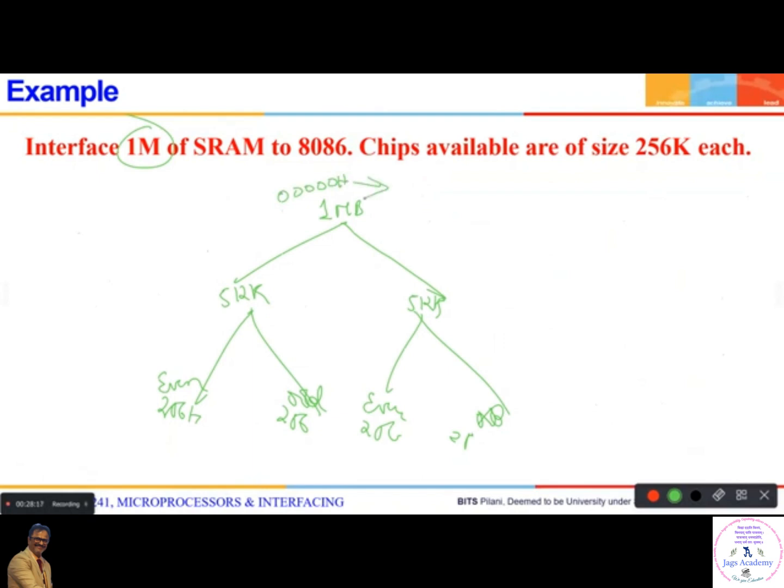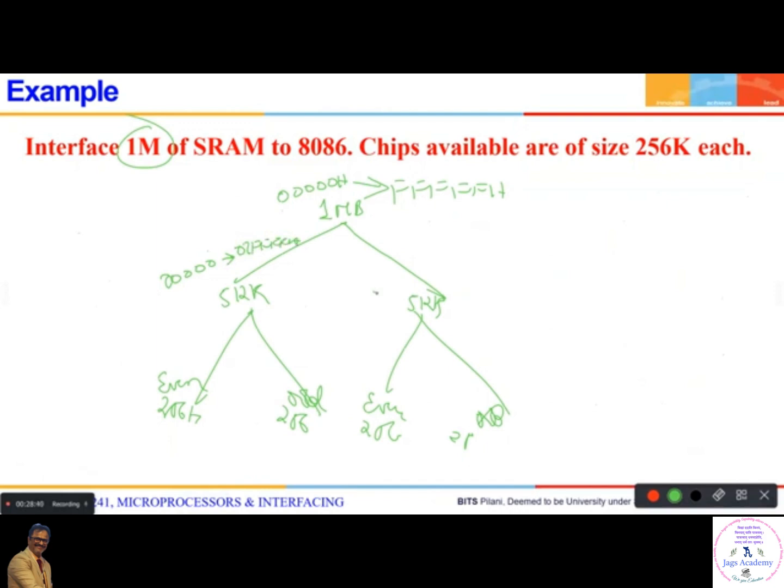1 MB. Come on, all of you know about it. What is the address range for this? 1 MB. Come on, it is FFFFFH, right? Entire address range. Okay, now what is the address range for this? 0, 7.